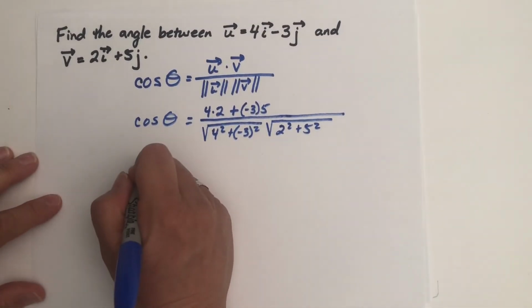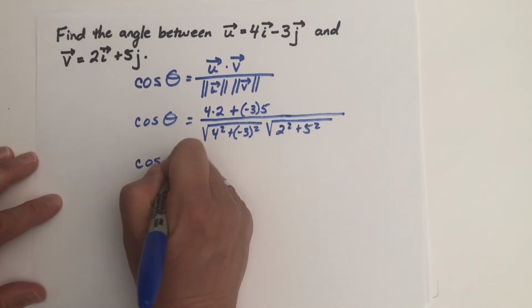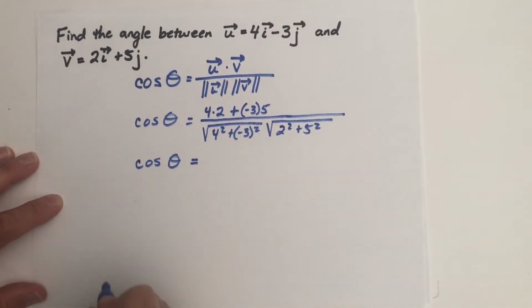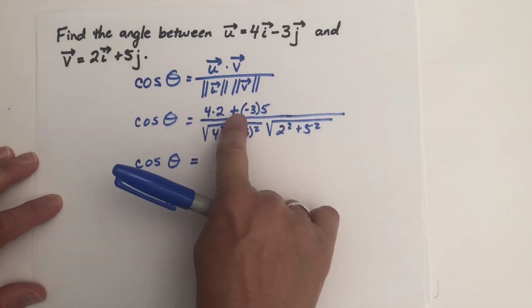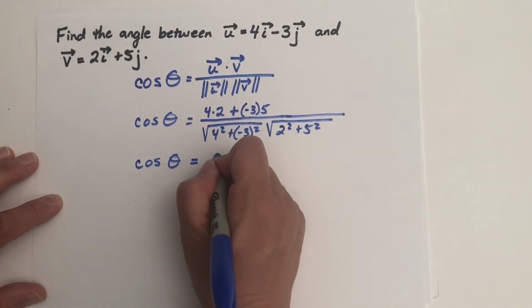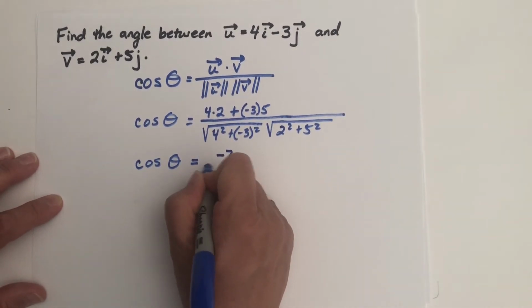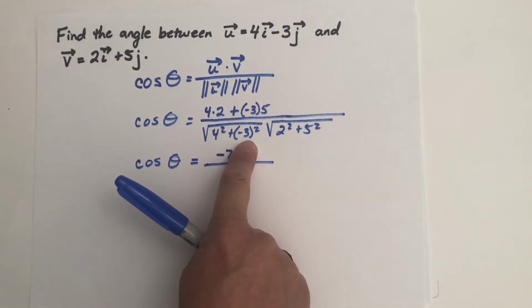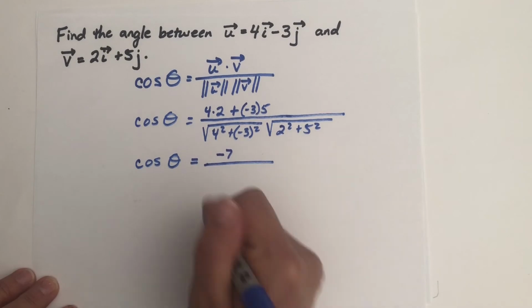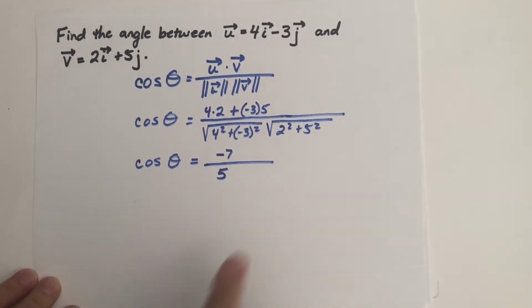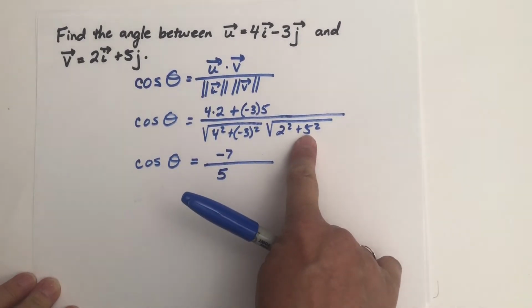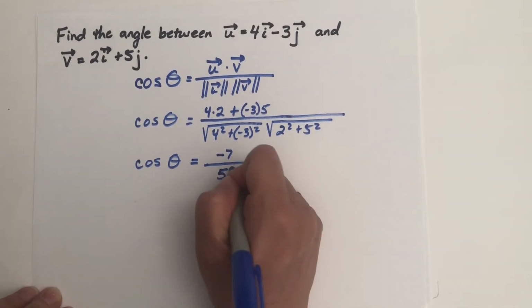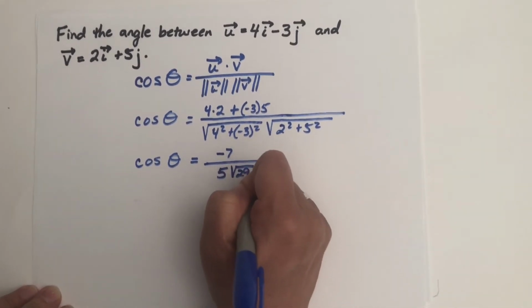Let's do some simplifying. We have the cosine of theta equals, here we have 8 minus 15, that's -7, over, let's see, we have 16 plus 9, that's 25. The square root of 25 is 5. And we have 4 plus 25, that's 29. So we have the square root of 29.